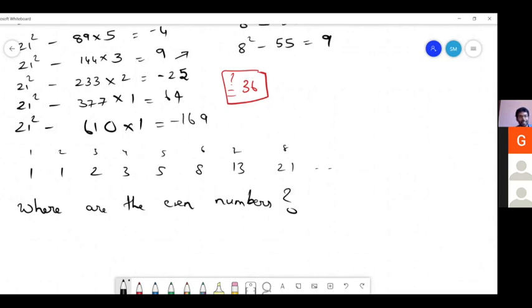It is 2, then 8, then next is 34. So if you look at the positions, we have 3, 6, 9, and so on. If you can make any other observations in this direction, put them in the chat.